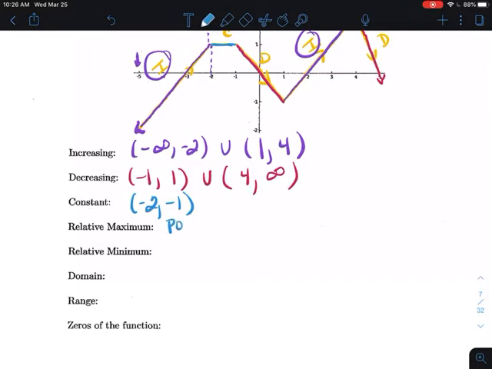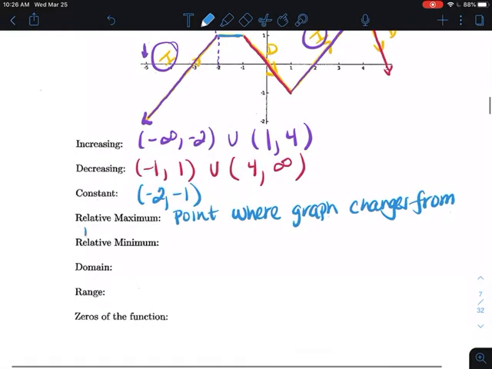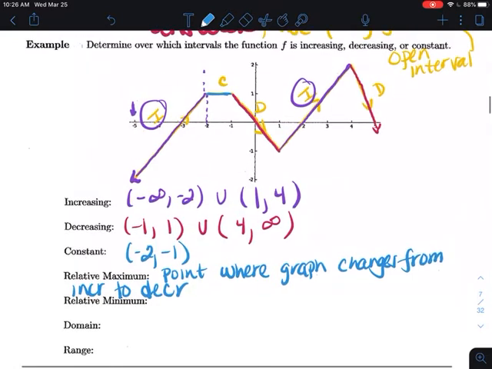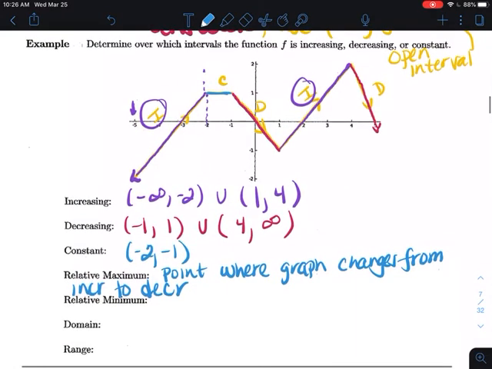So this is a point where the graph changes from increase to decrease. We're on a graph that goes from increasing and then it immediately changes to decreasing.